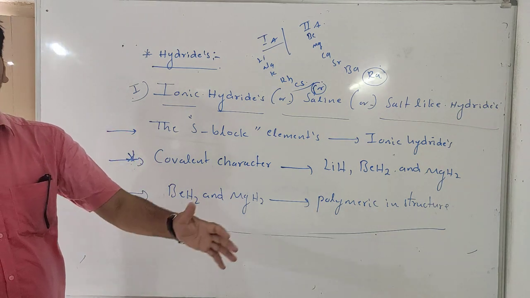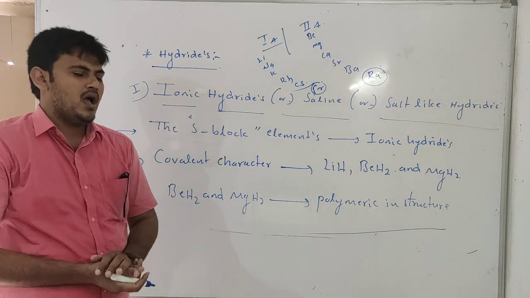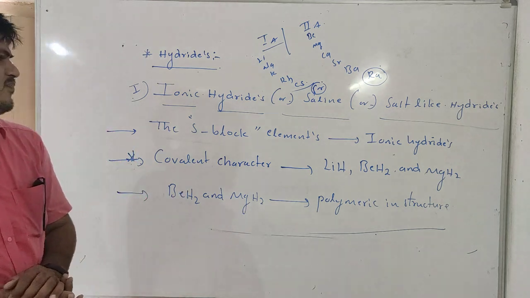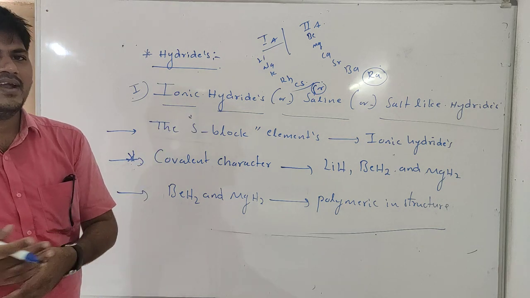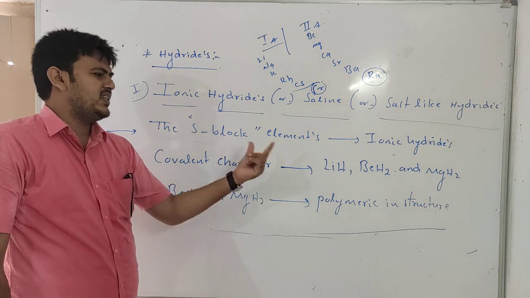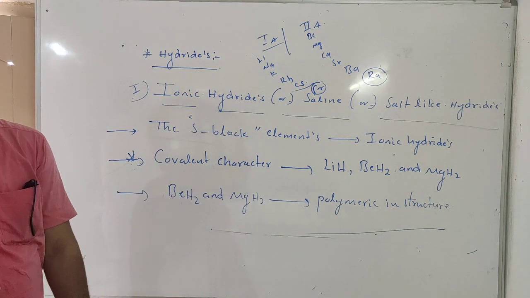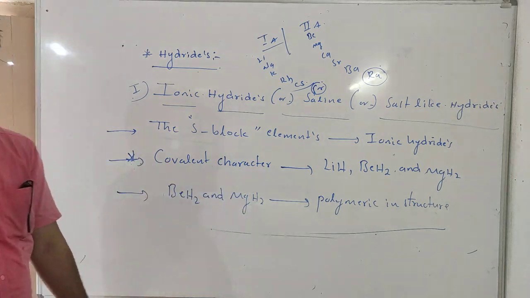Poly means many, long length. Okay. So first of all, the S block elements form ionic hydrides, or saline hydrides, or salt-like hydrides. The significant covalent character is found in lithium hydride, beryllium hydride, and magnesium hydride. Next, beryllium hydride and magnesium hydride are polymeric in structure.